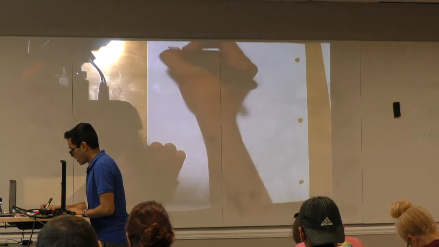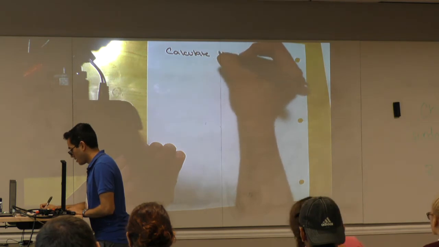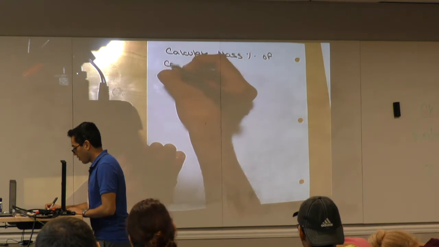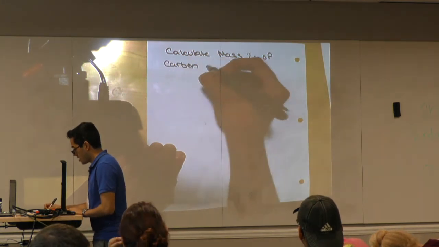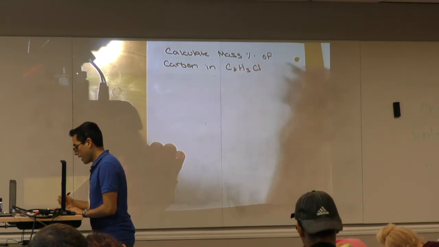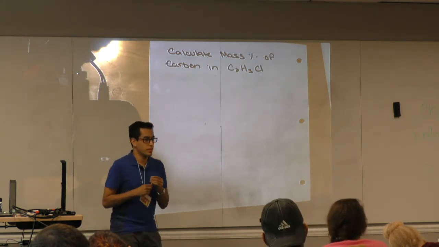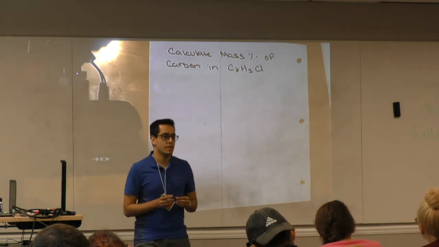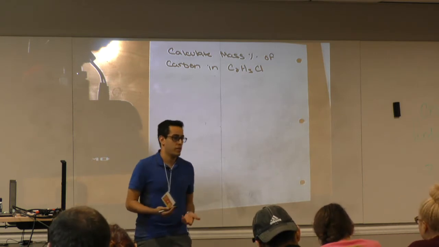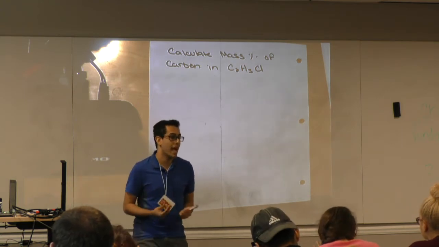So if I say calculate the mass percent of carbon in C2H5Cl, you need to be able to do that, right? You need to be able to tell me this compound is made up of this percentage of carbon, and for that we can do different mole ratios, which you'll find out will affect later in gases, right?